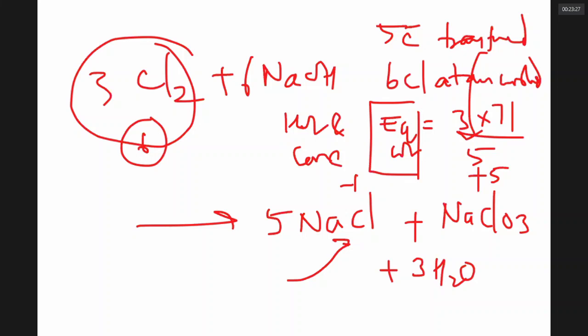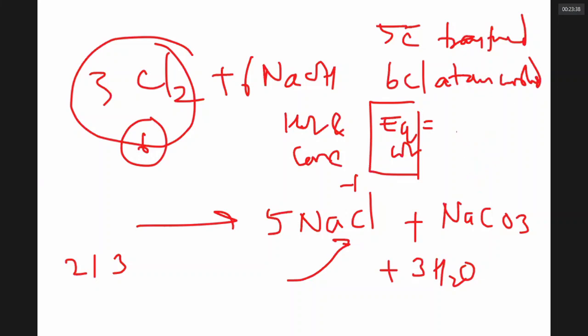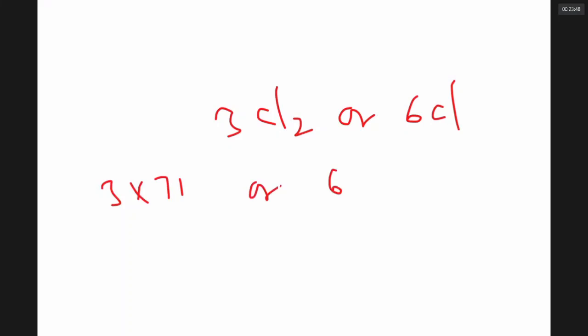So its equivalent weight is 230. Sorry, I made a bit of an incorrect multiplication. Okay, same, but I will write it separately. 3 Cl2 or 6 Cl, that is 3 into 71 or 6 into 35.5. Either way it is the same. Number of electrons involved is 5.